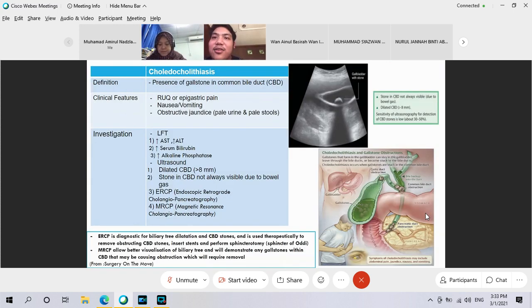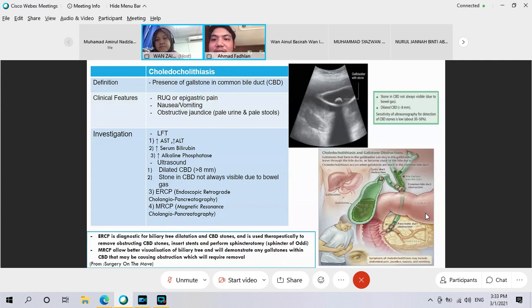Next is the cholelithiasis. Cholelithiasis, which is the presence of gallstone in the common bile duct. So the clinical features are there is right upper quadrant pain or epigastric pain, nausea and or vomiting, and there will be obstructive jaundice. You can see the patient have pale urine and pale stools. So the investigation is first liver function test, increase AST, ALT, increase in serum bilirubin, increase in alkaline phosphatase.